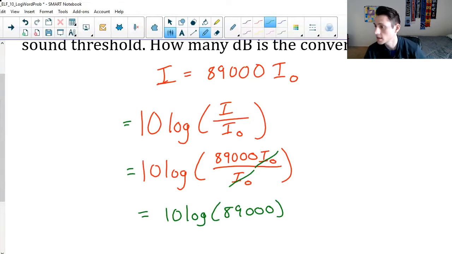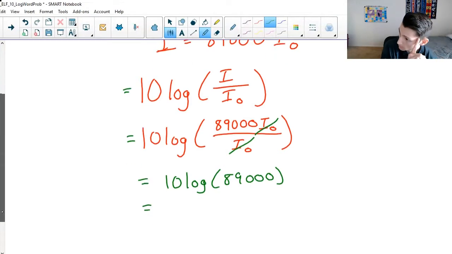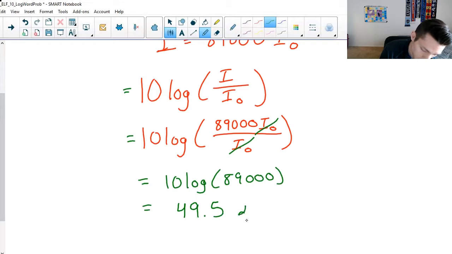Let me do that real quick on my calculator. So we have about 49.5 decibels.